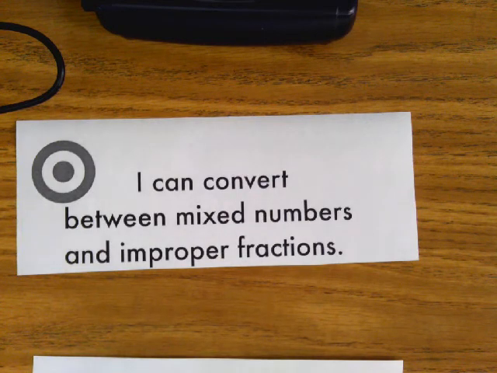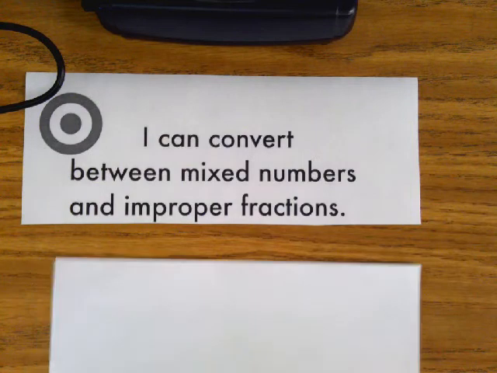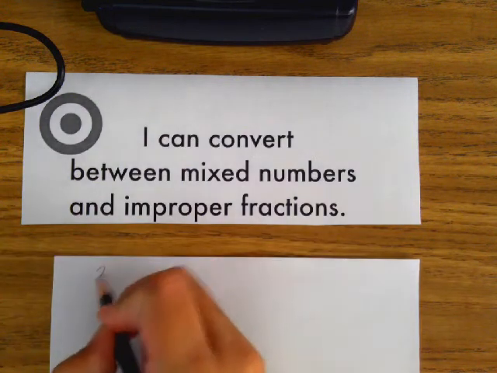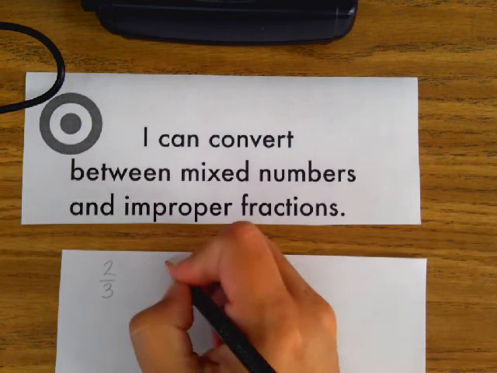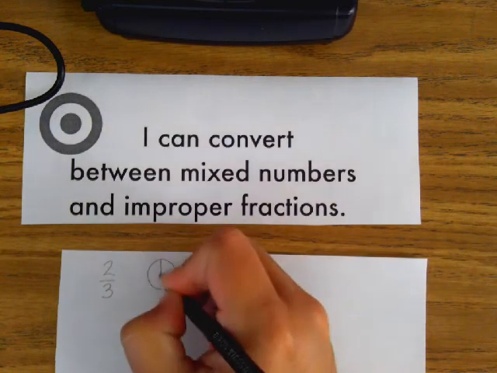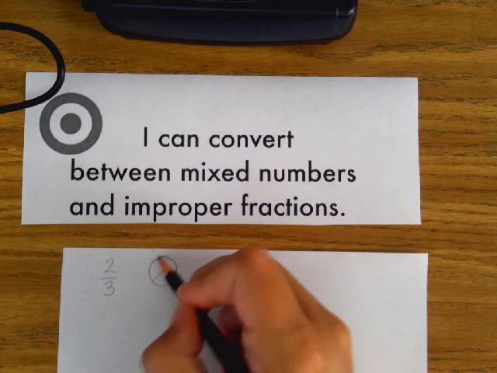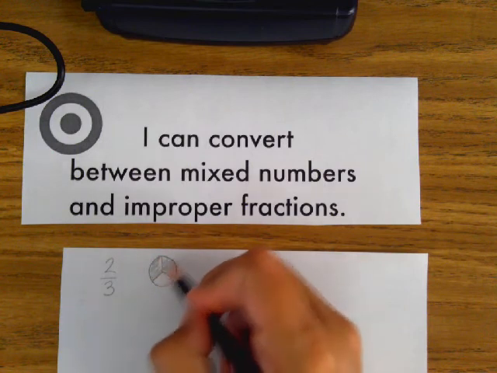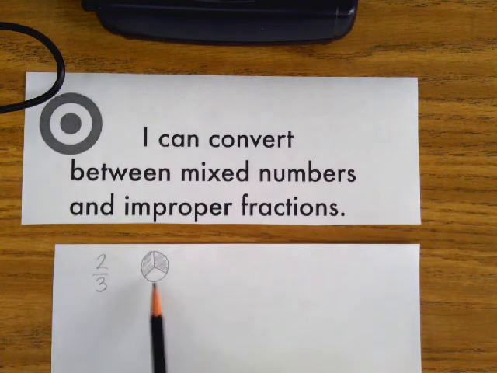A fraction shows a part of a whole. For example, the fraction 2/3 tells us that we have 3 parts, and I want to represent 2 of them. So this is the fraction representation for 2/3.